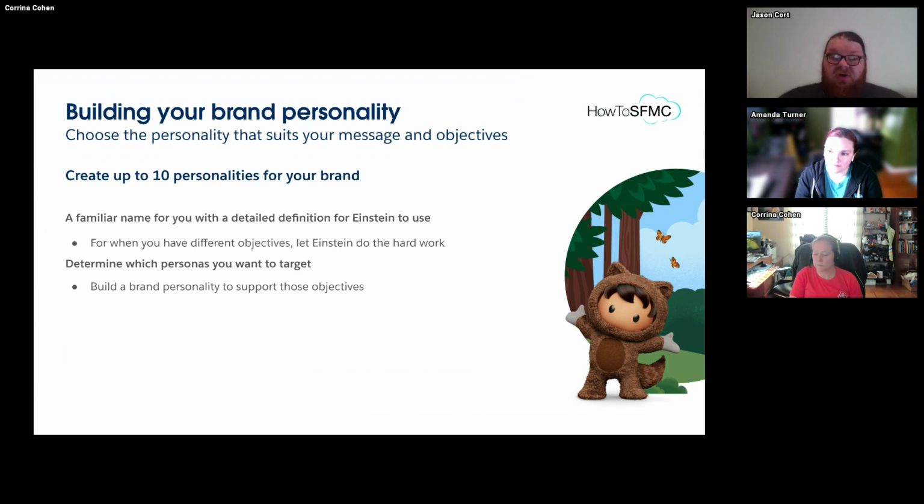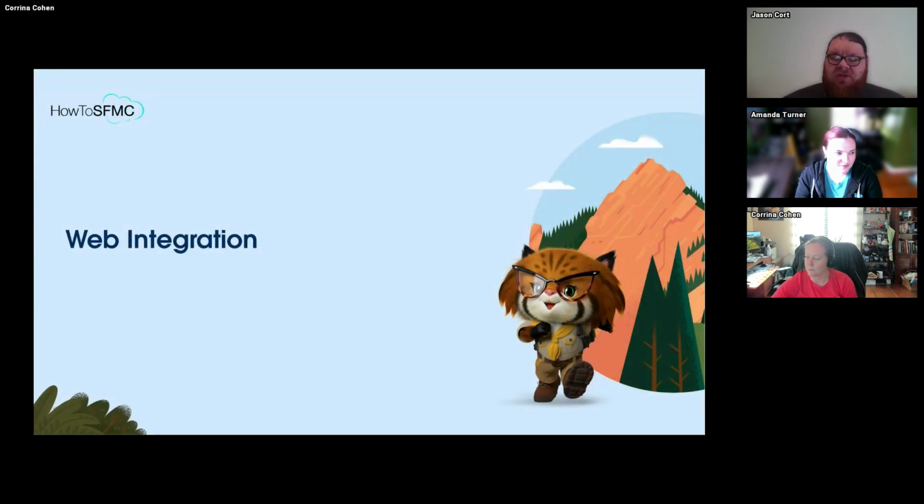And it's not going to be Salesforce that gets pulled up in the news because you've put something offensive in a subject line. It will be your brand that gets put in the news. So do make sure that you are keeping that brand ambassador hat on when you're using this kind of content generation.